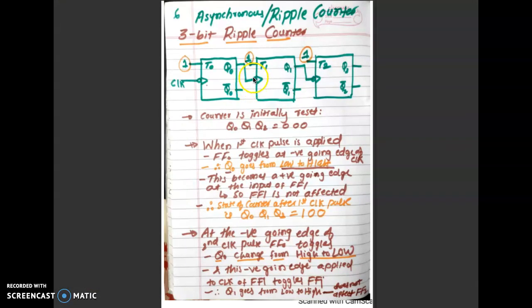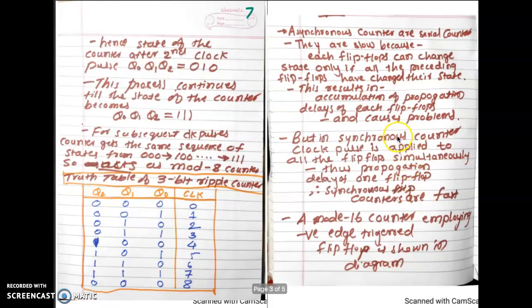But if all clocks are connected simultaneously, it is considered a synchronous counter, and it reduces the propagation delay. Only the propagation delay of one flip-flop is sufficient to count from 0 to 7. We are going to see such a synchronous counter in our next discussion.